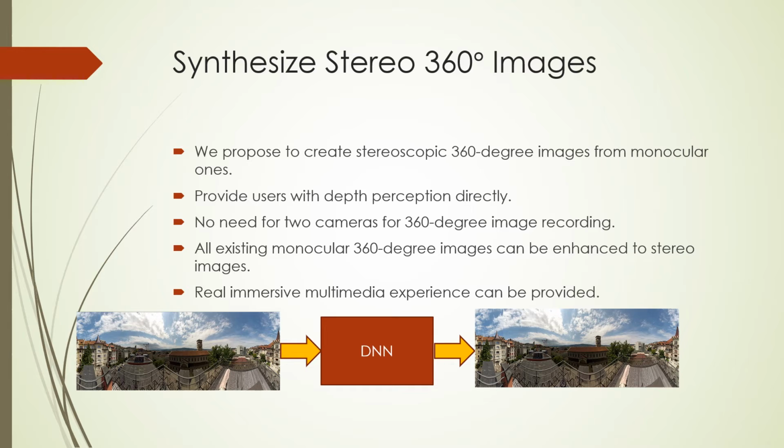And this solution does not need two cameras for the image recording, so the equipment cost is minimized. And most importantly, using this technique, all existing monocular 360-degree images can be enhanced into stereo images, so all users can enjoy real immersive multimedia experience.